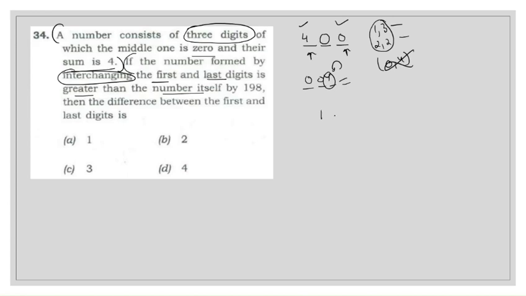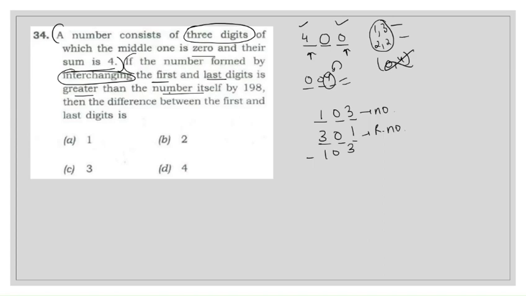So if we write 103 and then we write 301, we subtract 103 from 301. Right now this is the actual number and this is the reverse number, or the number when we have interchanged the ones place digit and the hundreds place digit.